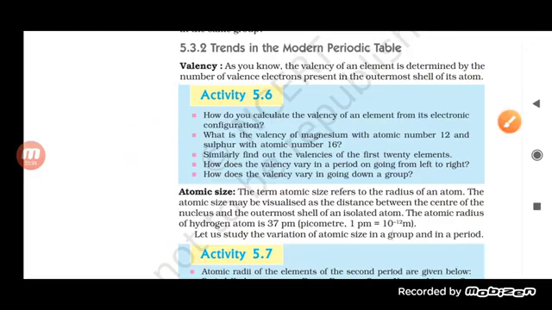Now you can see here there are some questions regarding that. Let us see what are the different questions. How do you calculate the valency of an element from its electronic configuration? Yes, we are able to calculate it.